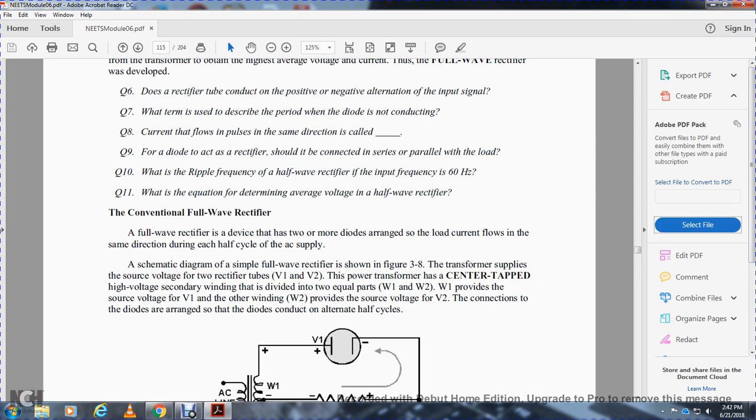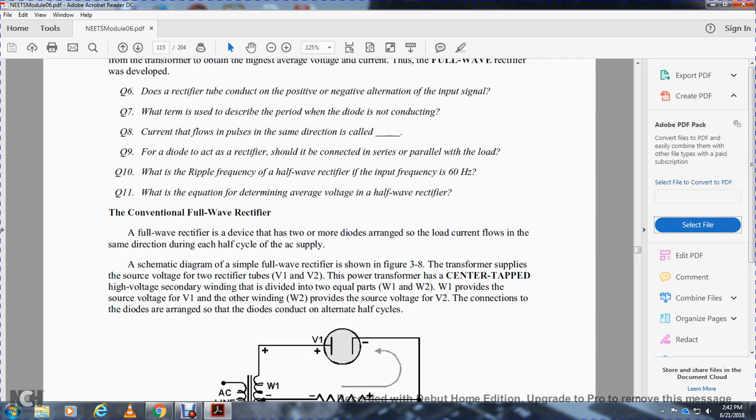A simple full wave rectifier is shown in figure 3, with the transformer supplying the source voltage for the two rectifier tubes, diode 1 and diode 2. The power transformer's center tap on the high voltage secondary is divided into two equal parts, winding 1 and winding 2.